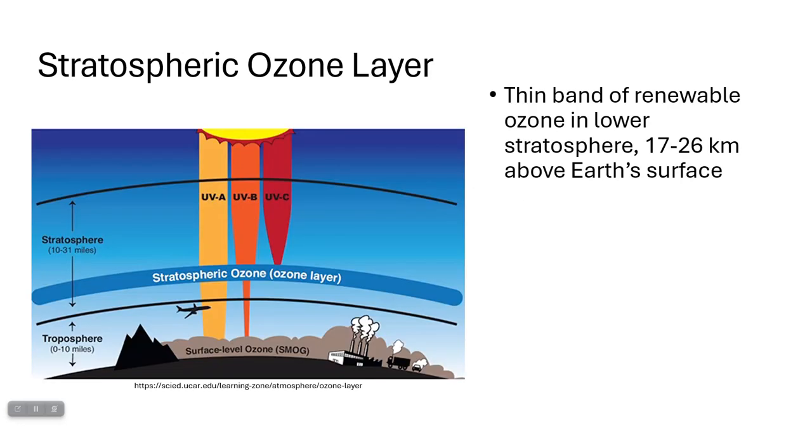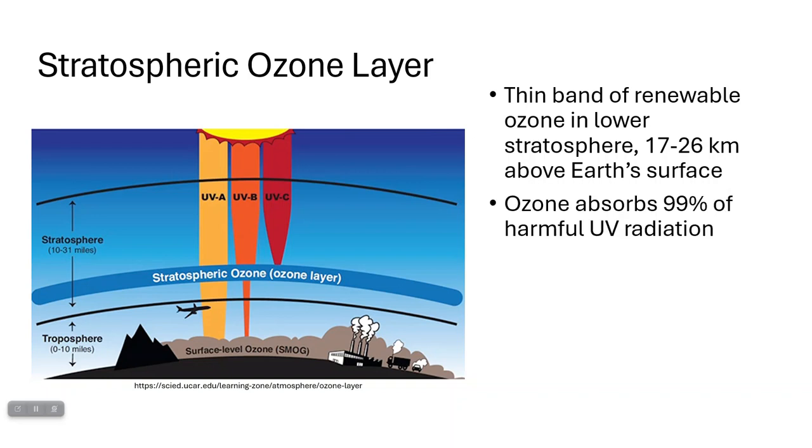So the stratospheric ozone layer is this thin band of renewable ozone. That's the key. It's renewable, it's self-renewing, in the lower stratosphere about 17 to 26 kilometers above the Earth's surface. And here's why it's so important. It absorbs around 99% of the harmful UV radiation coming in from the sun.